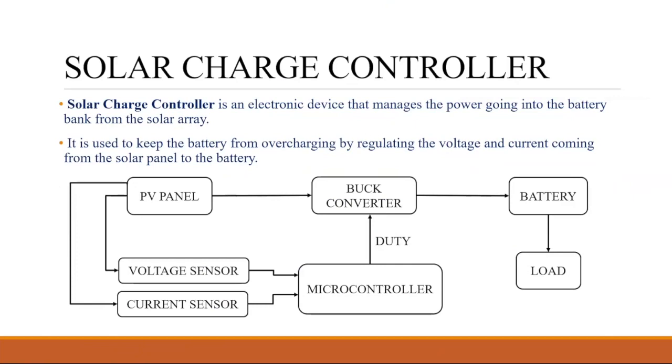In the first presentation, the sir explained to us the role of the buck converter. I will explain what duty is, don't worry. So this is the buck converter. With the help of the microcontroller, we are generating a duty cycle which is basically used for the switching of the buck converter. I will explain how it is working, don't worry.